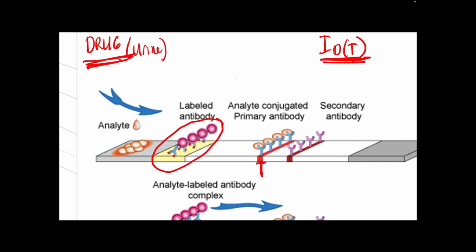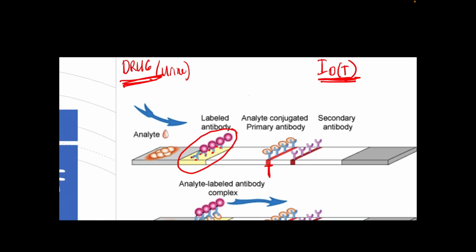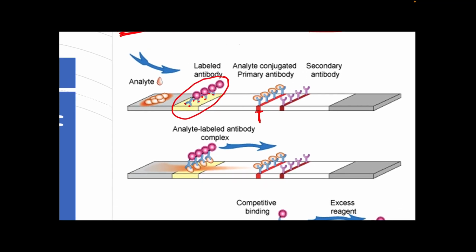limited antibody binding site. So what will happen if the specimen contains drugs of abuse or the concentration of drugs is above the cutoff limit? These analytes, these drugs, will bind to or occupy the binding site of the labeled antibody.